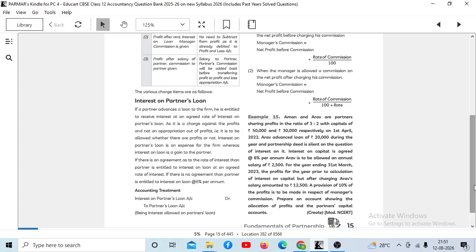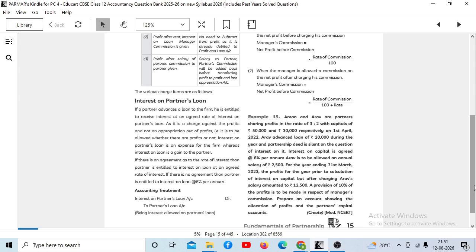Aman and Arav are partners sharing profit in the ratio 3:2 with capitals of 50,000 and 30,000 respectively on 1st April 2022. Arav advanced a loan of 20,000 during the year and the partnership deed is silent on the question of interest on it. Interest on capital is agreed at 6% per annum.